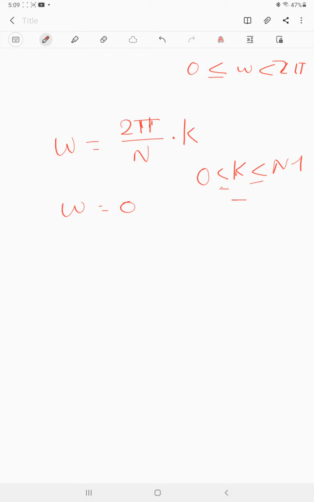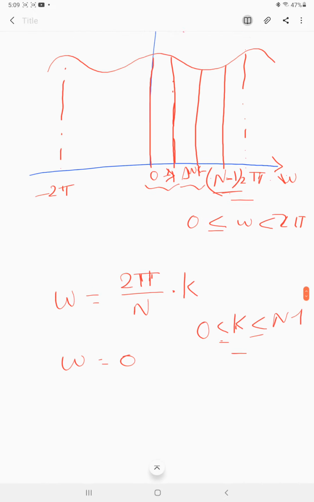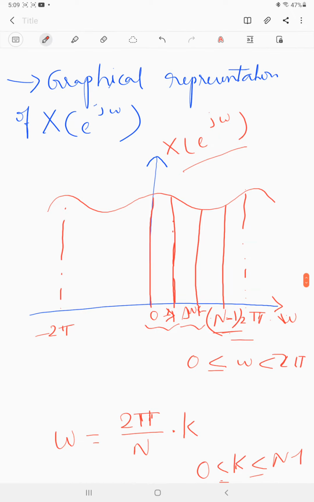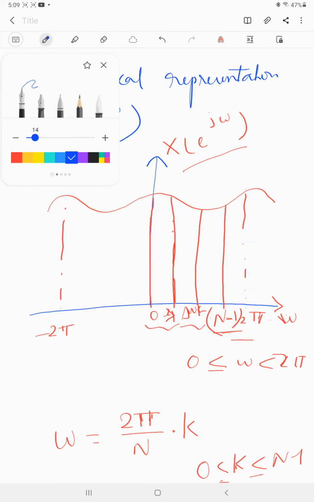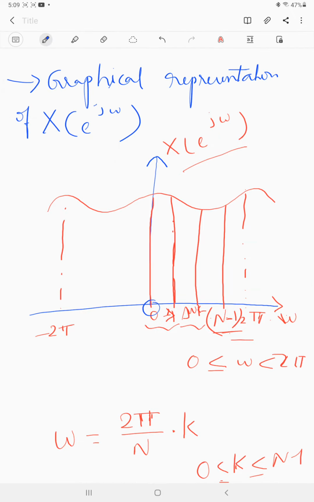This will represent the sample at 0. Whereas k equal to 1, sample at 1. Whereas k equal to 2, the sample is at 4 pi by n, up to n minus 1. It will be represented as n minus 1 samples.